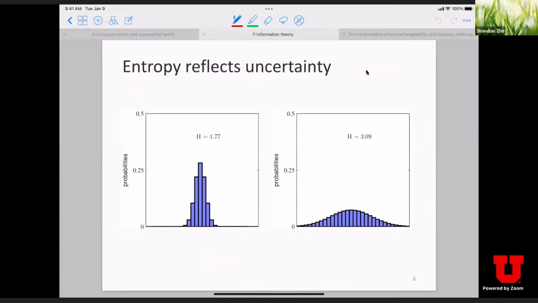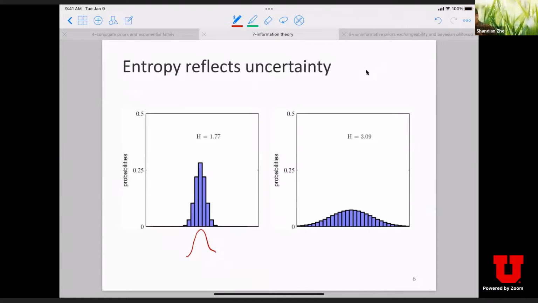Why? Because the more concentrated your distribution, the more certain I am about where your value should be. So my uncertainty is small. It gives a smaller entropy.